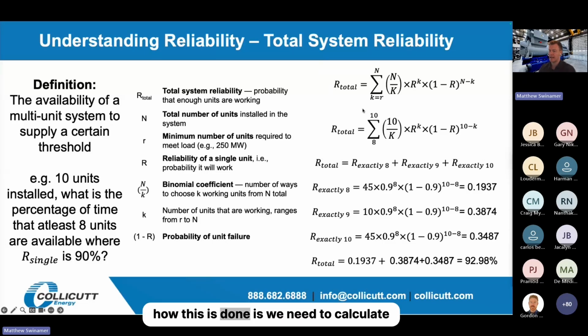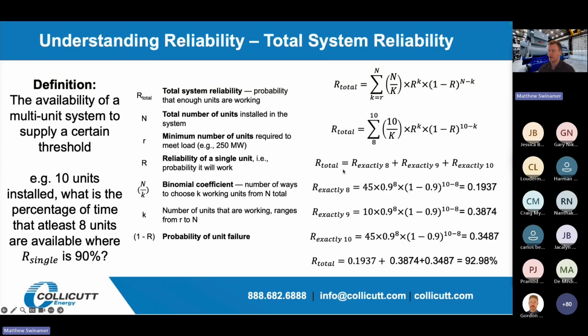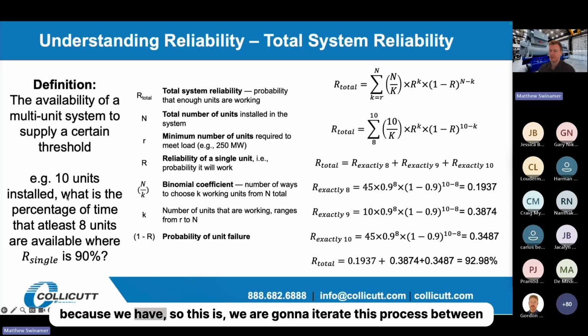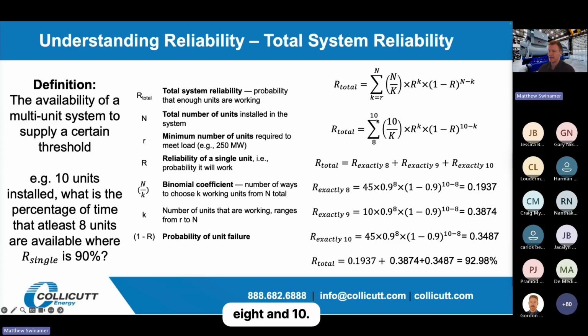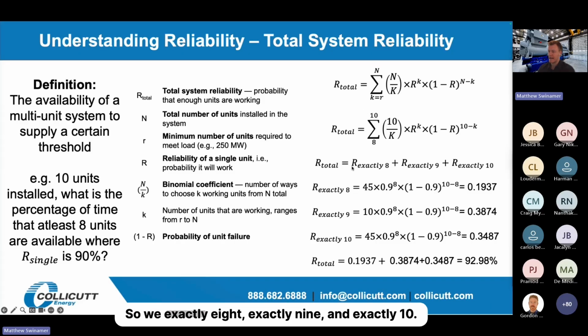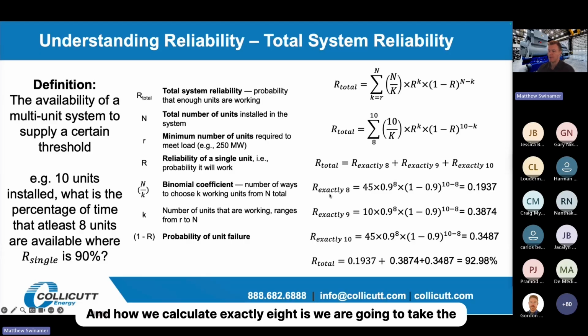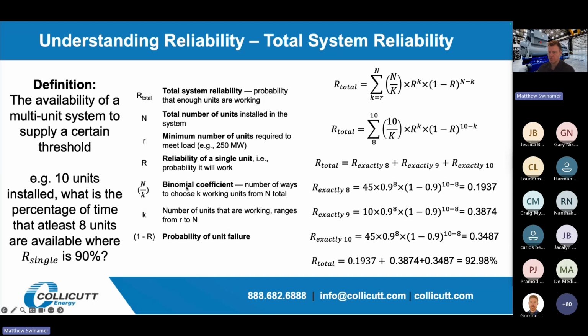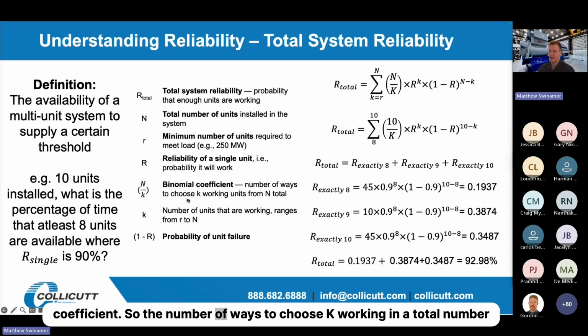How this is done is we need to calculate the likelihood that exactly 8 units are running, because we're going to iterate this process between 8 and 10. So exactly 8, exactly 9, and exactly 10. To calculate exactly 8, we take the binomial coefficient, the number of ways to choose K working units in a total number of units.